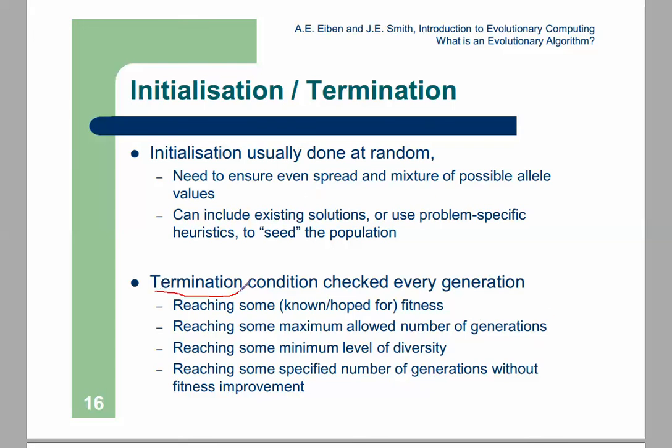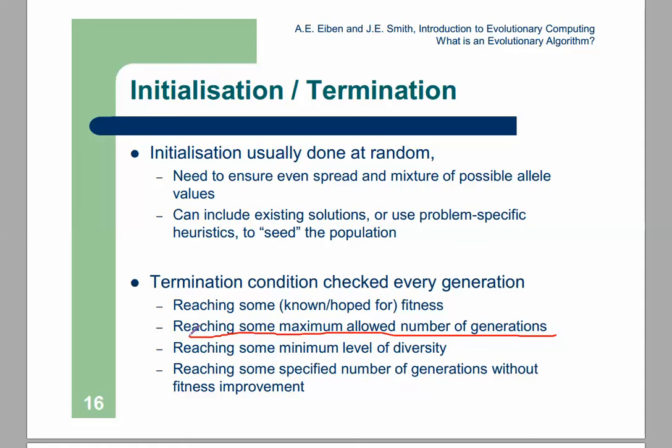Termination is when the EA reaches its end. For example, when the fitness function is executed, for example, thousands of times, or when the loop repeats a specific number, the maximum allowed generations.